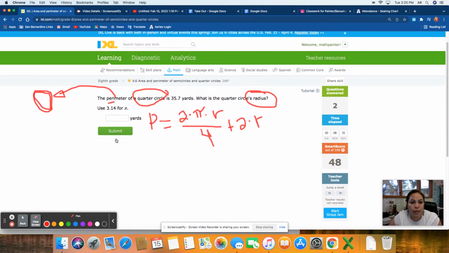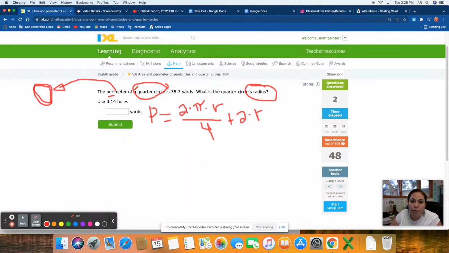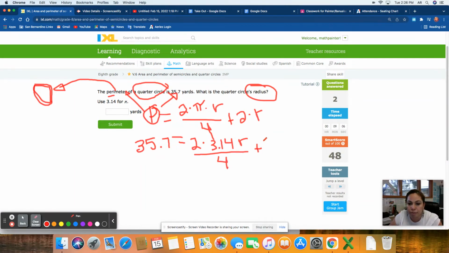All right, so what do we have here? Perimeter equals 35.7. I'm going to substitute 35.7 into the P because that's what perimeter means. All right, so 35.7 equals 2 times 3.14 R divided by 4 plus 2 times R. All right, now we're gonna multiply first.